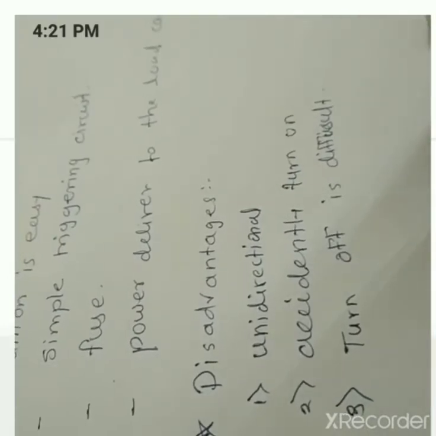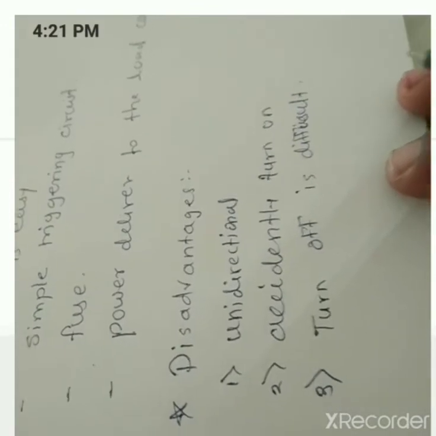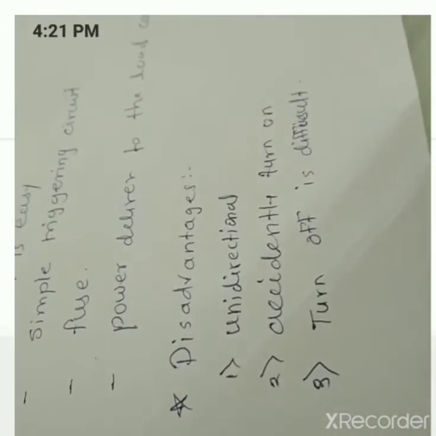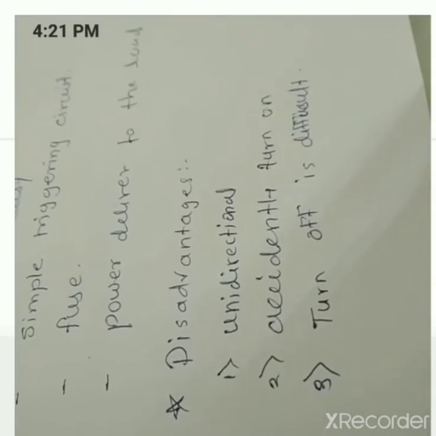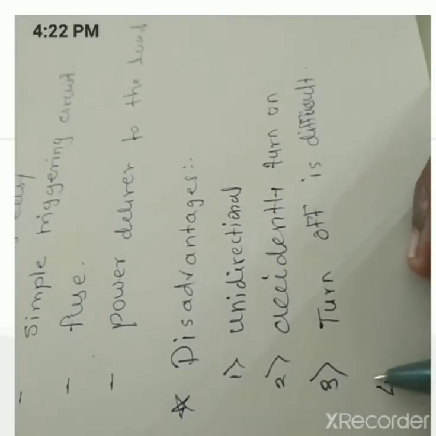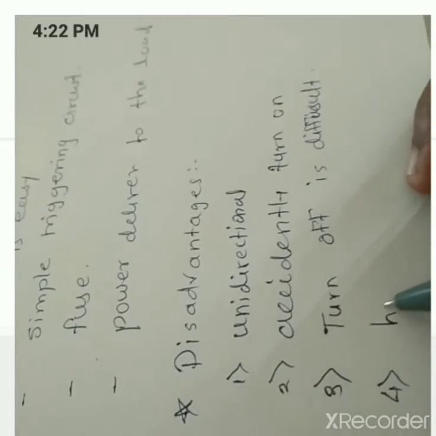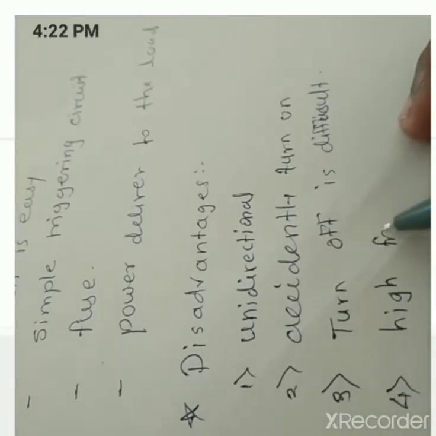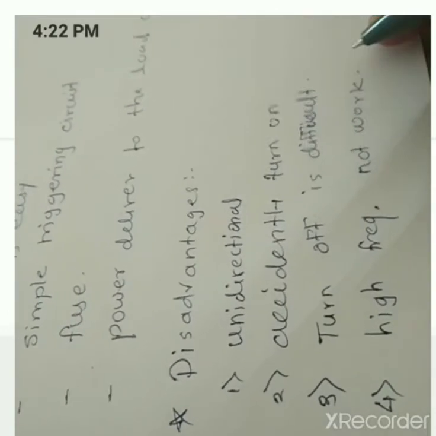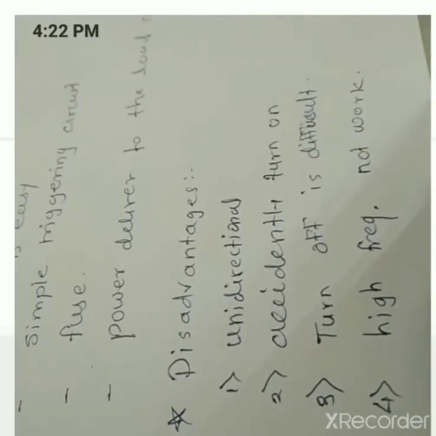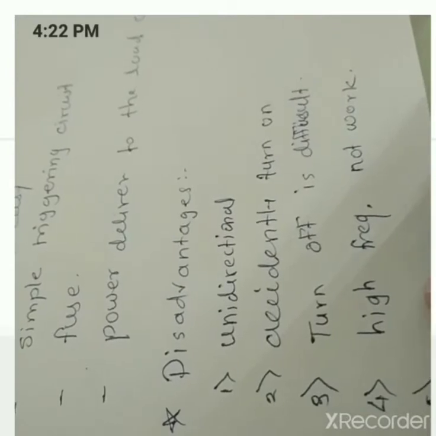To turn off the SCR, we have to use a different circuitry called a commutation circuit. Next, SCR does not work at high frequency; it is not used or does not run properly.